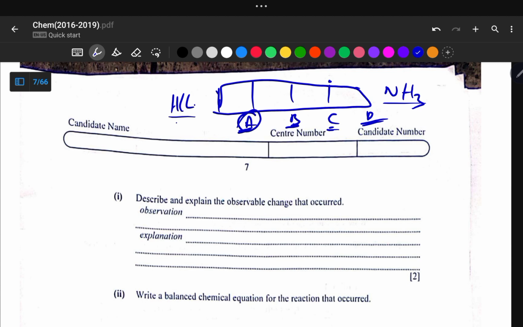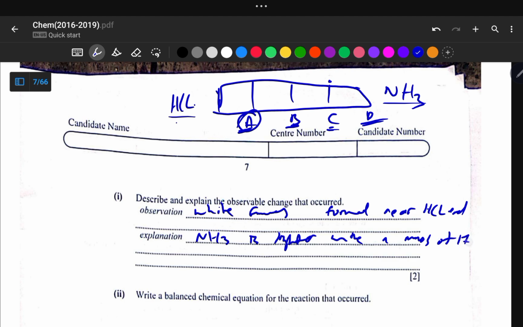Explain the observation. So what you observe are the white fumes, right? Which are formed near the HCl end. So this is the observation. And then to explain, we can say ammonia is lighter with a mass of 17.